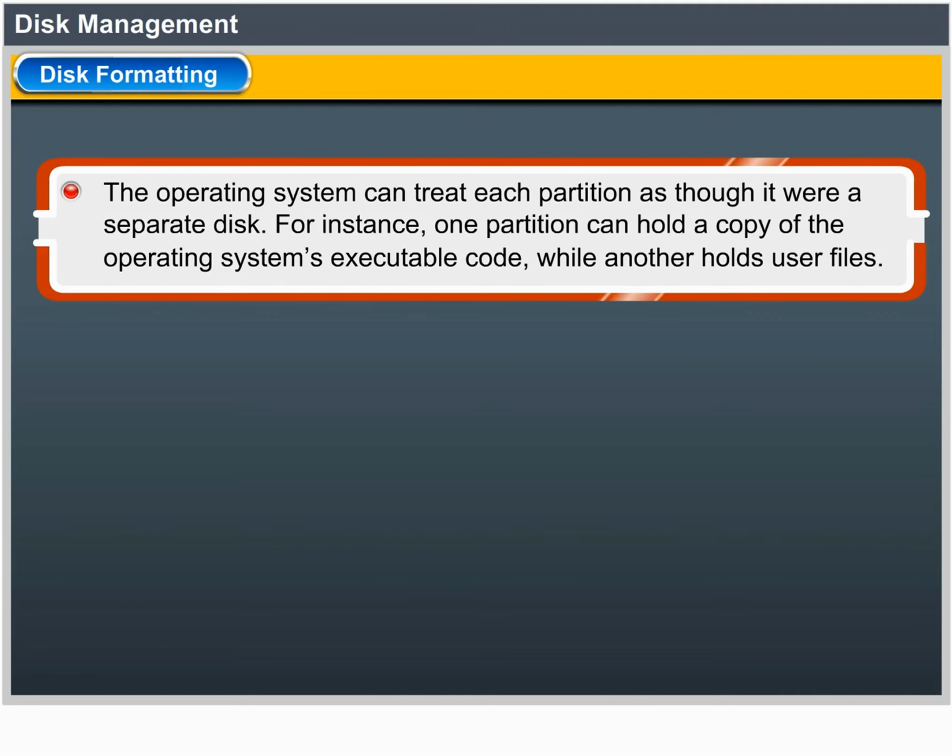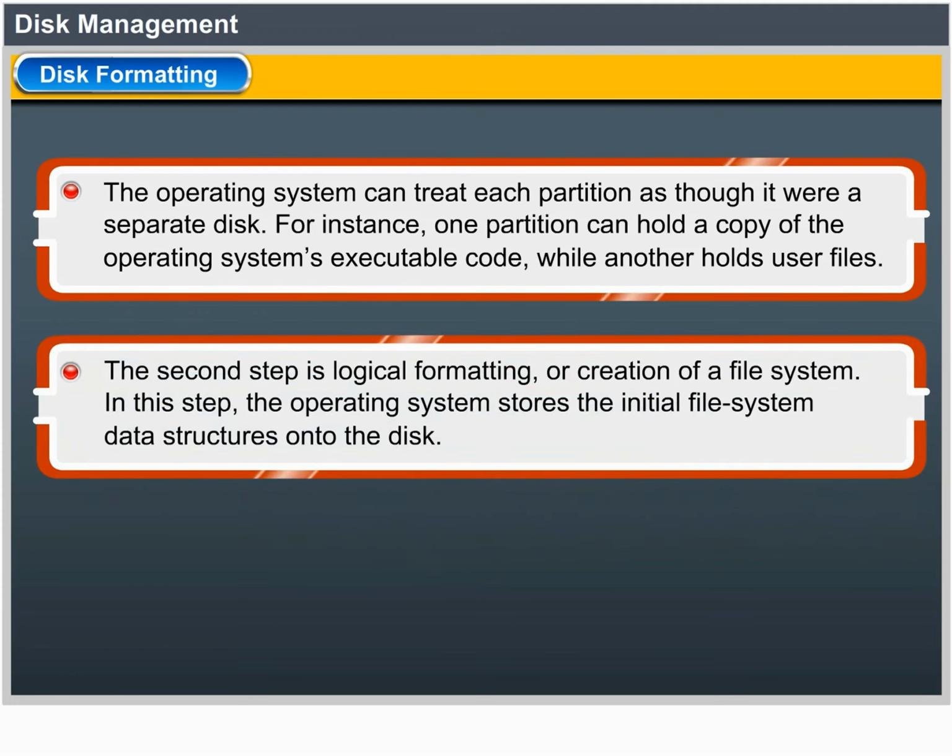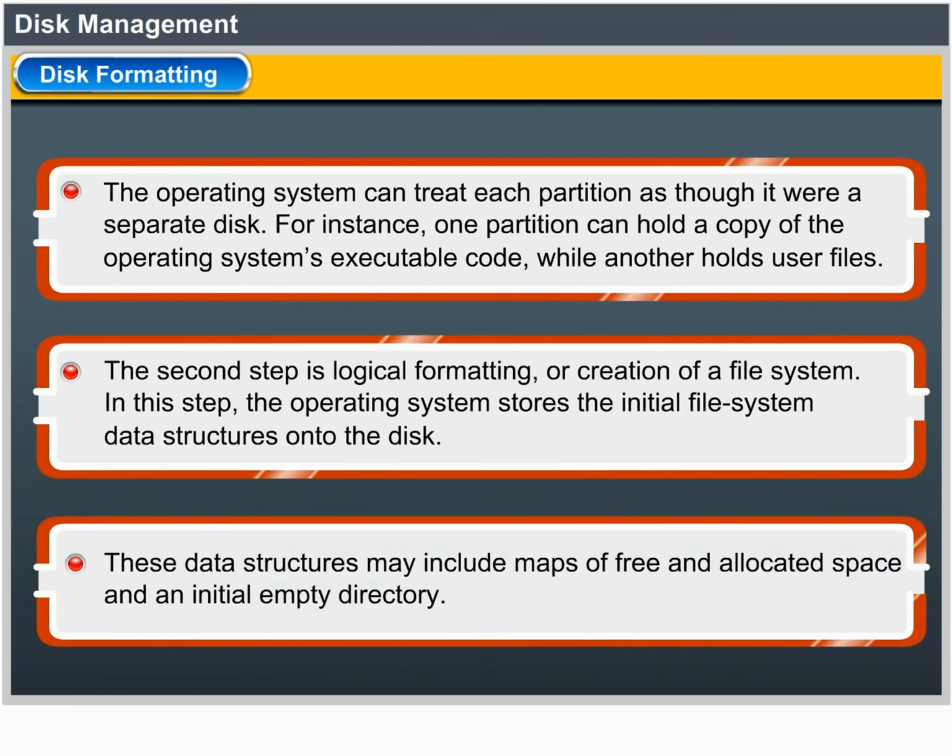The second step is logical formatting, or creation of a file system. In this step, the operating system stores the initial file system data structures onto the disk. These data structures may include maps of free and allocated space and an initial empty directory.